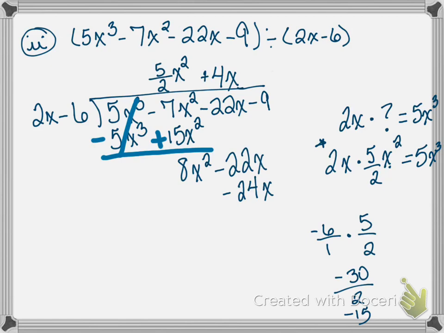Positive 4x times 2x is going to be 8x squared. Again, we are subtracting, so we change the signs. Our 8x squared and negative 8x squared simplify. Negative 22x plus 24x leaves me with 2x. I bring my minus 9 down.